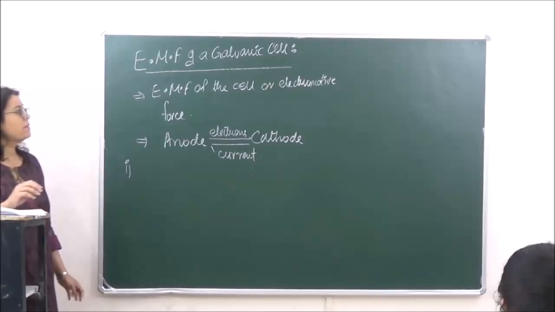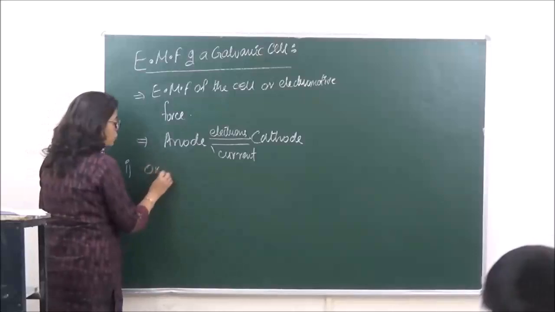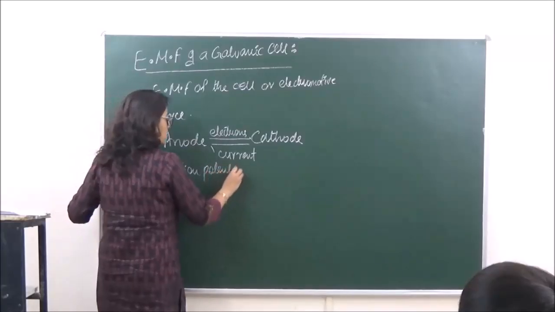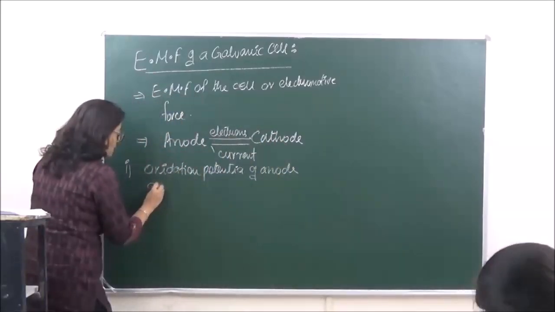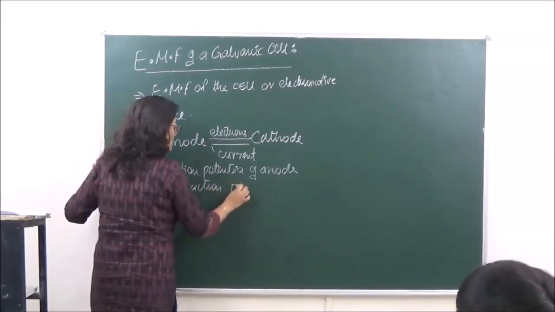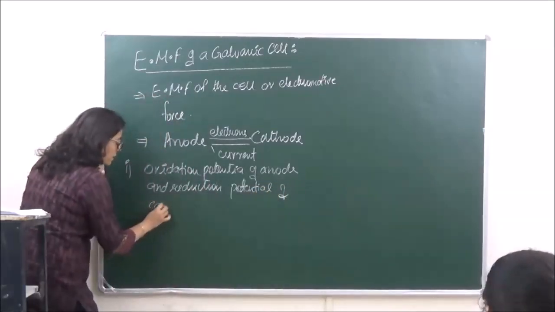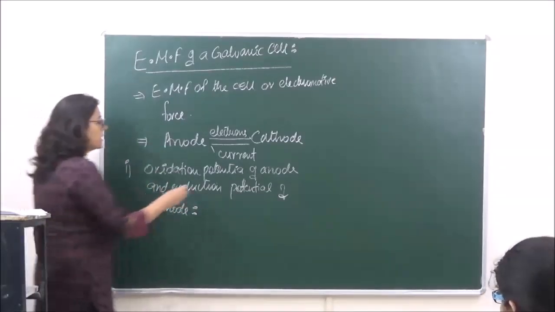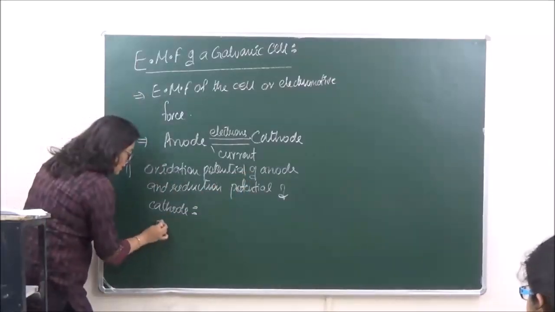In the first method, when the oxidation potential of the anode and the reduction potential of the cathode are given in the question, then E cell is equal to E naught cell.